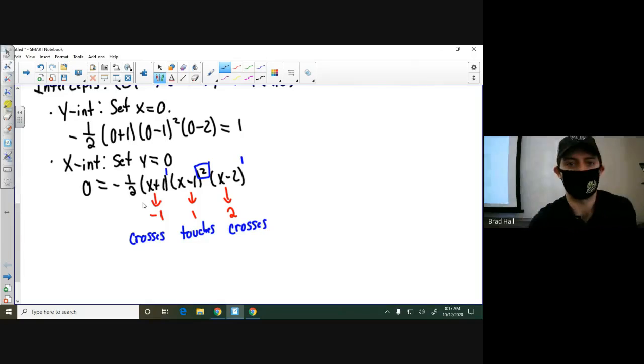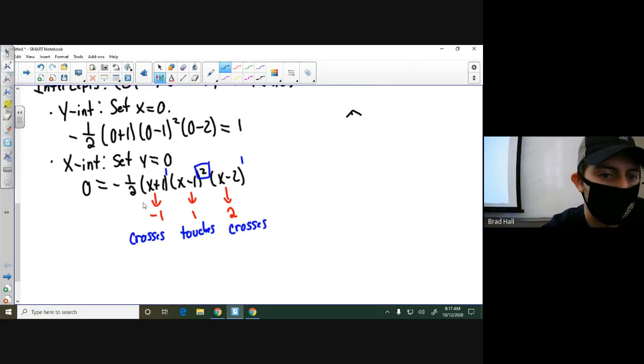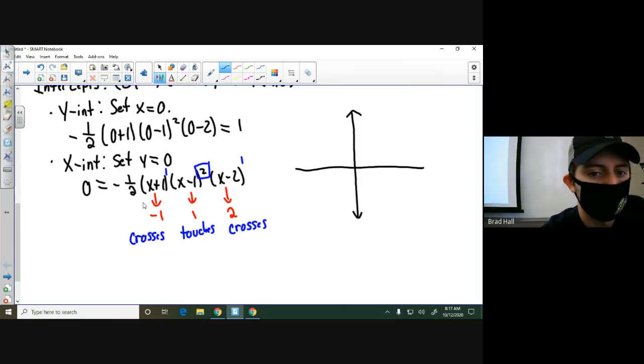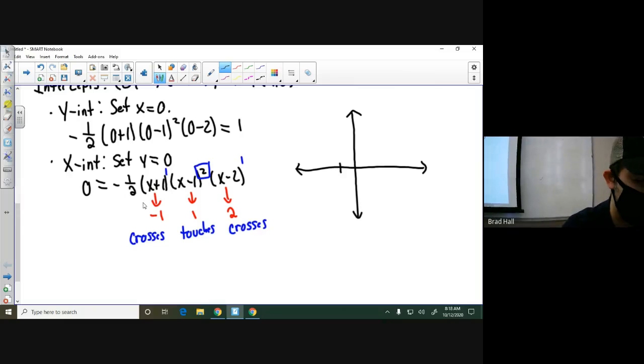So the way we would graph this, so again, normally MyMathLab will pretty much facilitate this whole process for you. But if you didn't have MyMathLab, how would you proceed? And so let's go ahead.